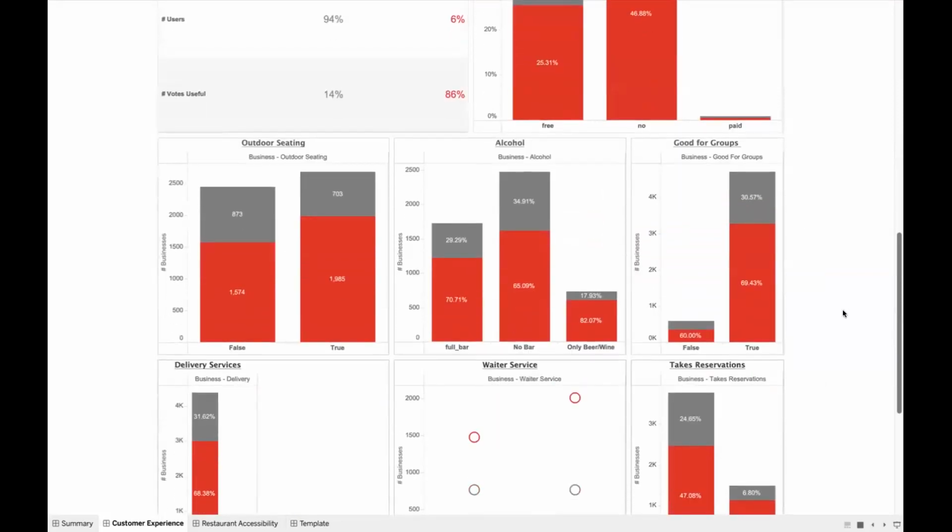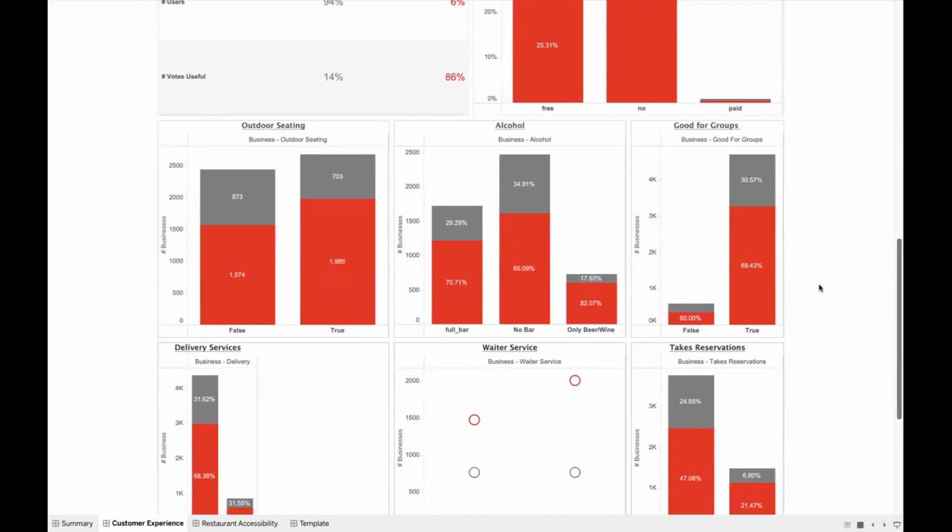Also, moving on to outdoor seating, whether a restaurant has outdoor seating or not does not really matter for the restaurant to perform well. Almost a similar number of restaurants perform well without outdoor seating and with outdoor seating. But if you look at alcohol, 65% of businesses which do not perform that well have no bar, but 70% of the businesses which perform well have a full bar, and 82% of them either serve beer or wine.